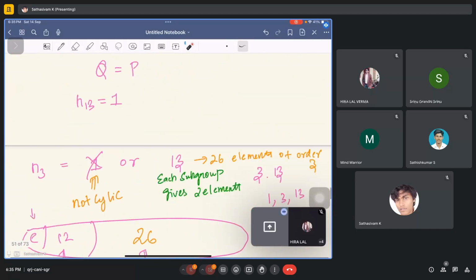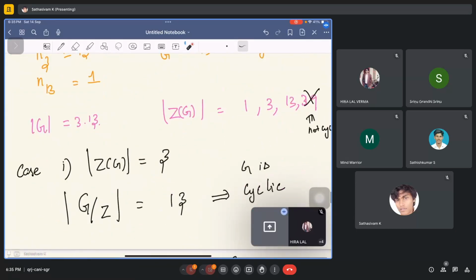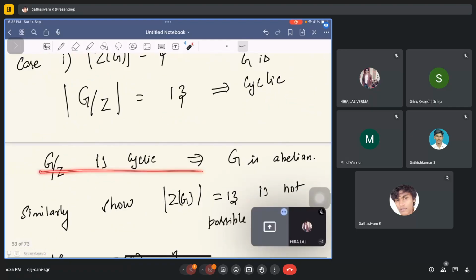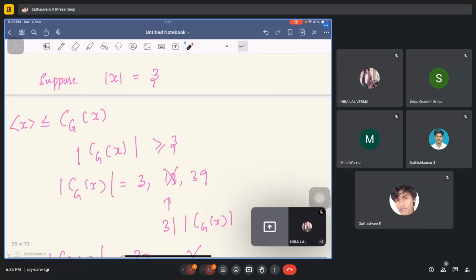Then always try to compute the center. When you compute the center, these theorems are useful, so if possible we can use them. And after that, try to compute the centralizer. This is one of the tricks that is commonly used.